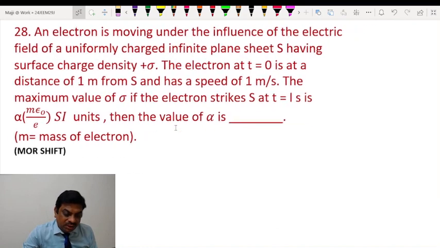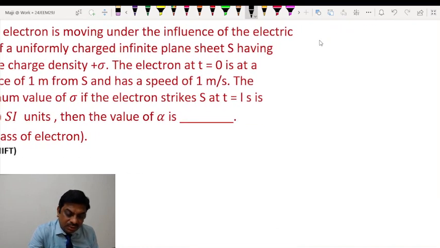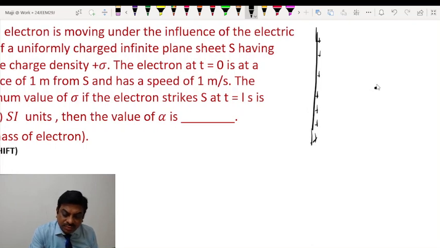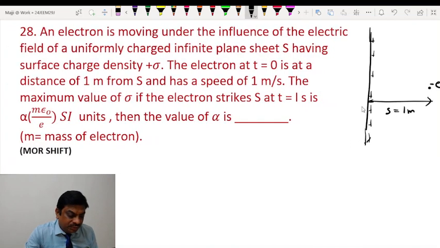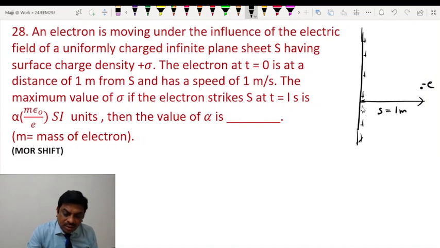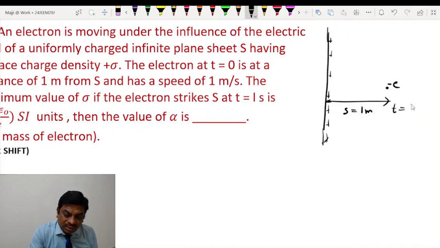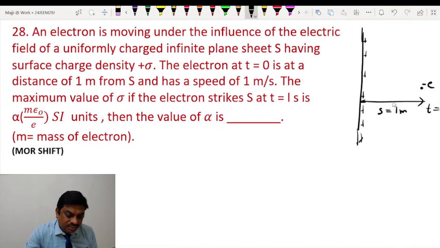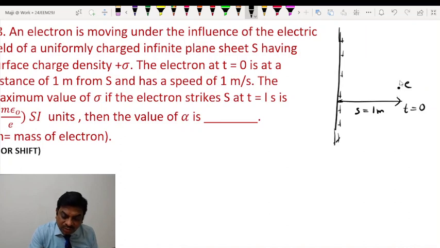So here, students, suppose this is the sheet of charge. The electron is at a distance of 1 meter, and it is moving at 1 meter per second.